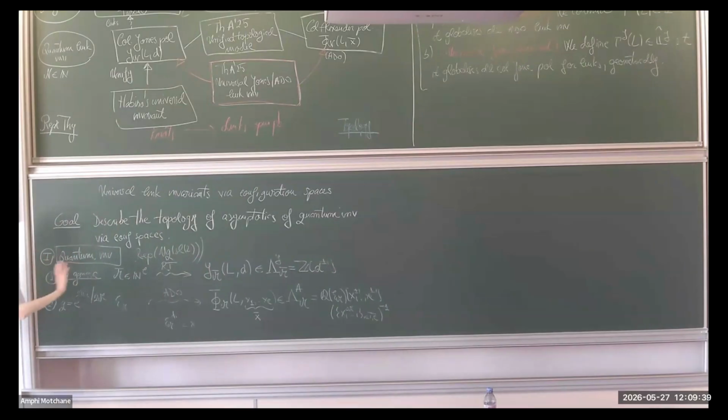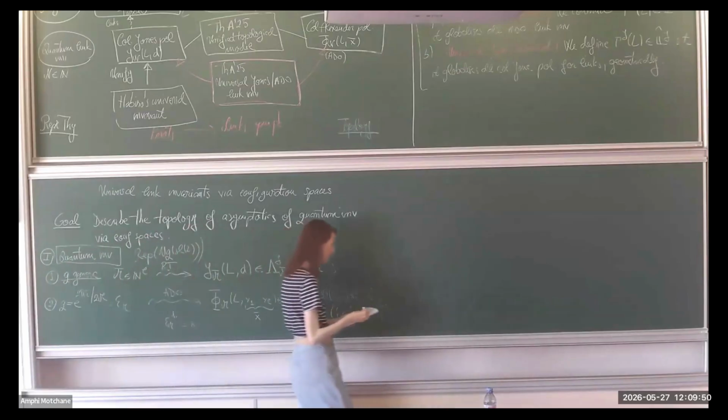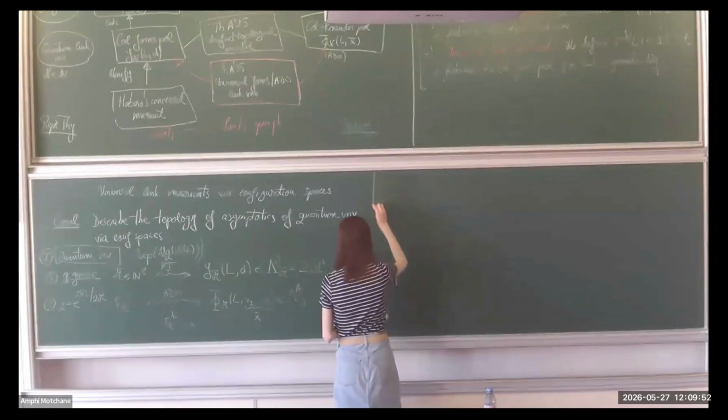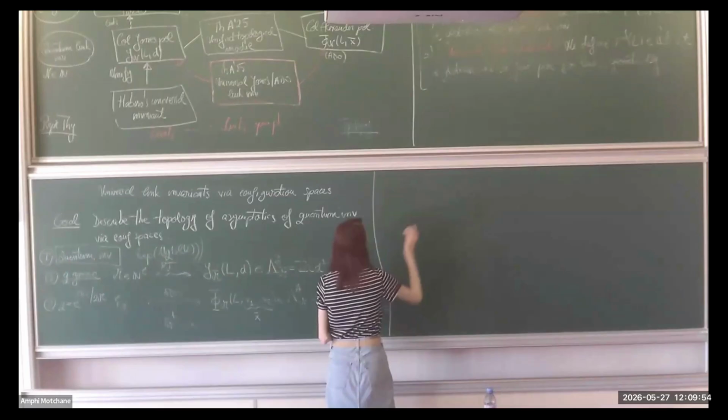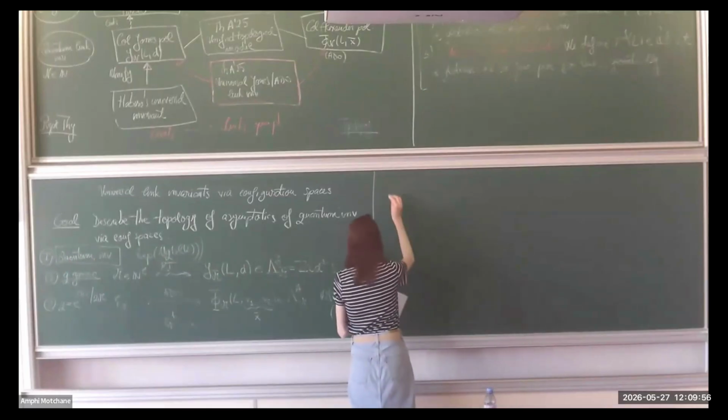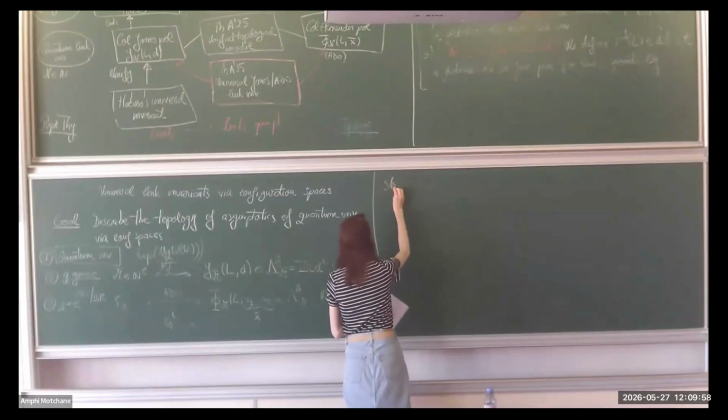Now, this is what happens on the representation theory side, and now I'd like to say which is our strategy to build our universal invariants. On the topological side, our strategy will be split into two levels.